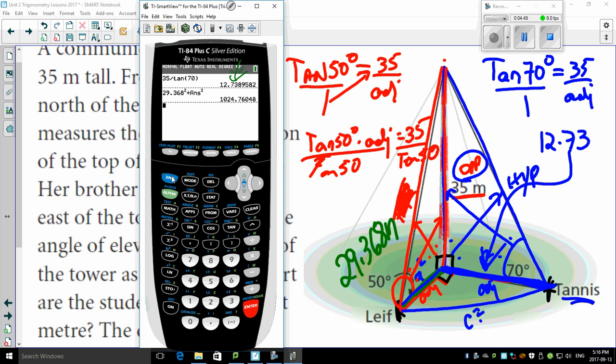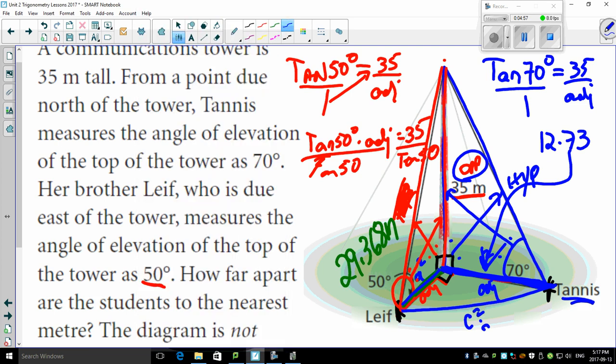Now square root it. Second square root of my second answer, and I get a distance that they are 32.0 meters apart. Or sorry, feet. They're in feet. Feet apart. I think this is a really, really cool question.